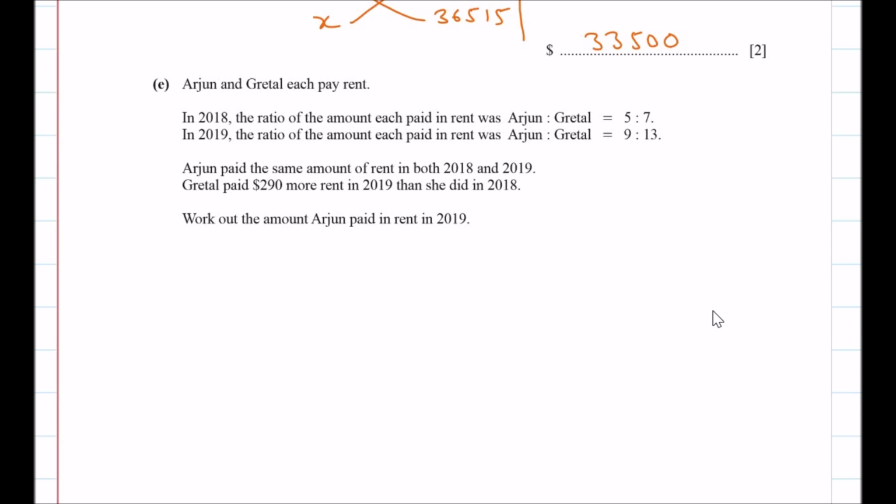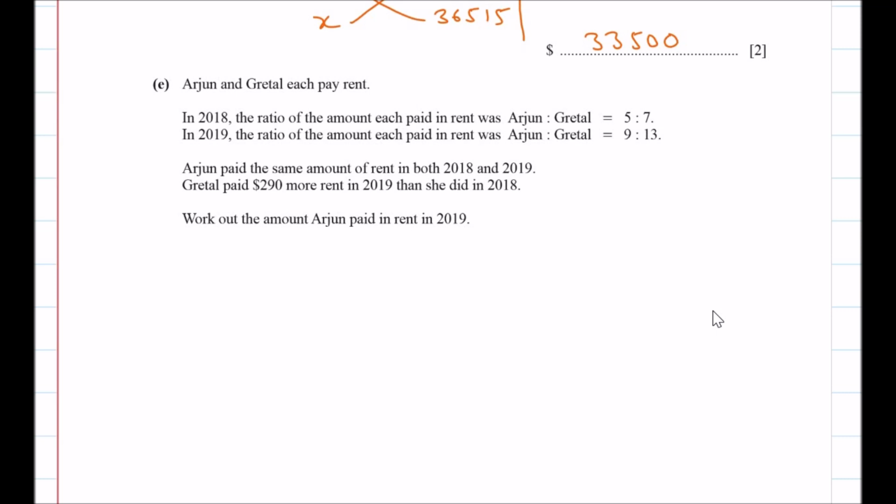Now, Arjun paid the same amount of rent in both 2018 and 2019. Gretal paid $290 more rent in 2019 than she did in 2018. Work out the amount Arjun paid in rent in 2019.